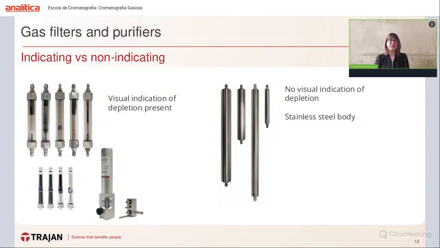The ones with visual indication of depletion can be made from various materials, but they will have a visual indication of the filter depletion, so we will know when our filter is no longer good for use, when it needs replacing.